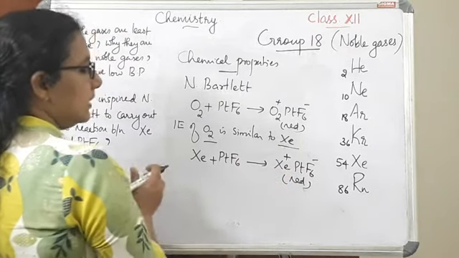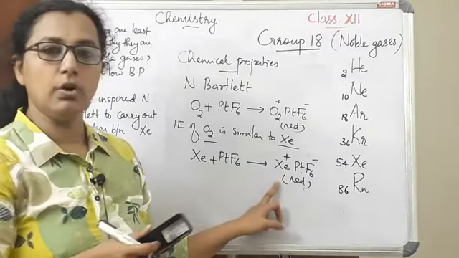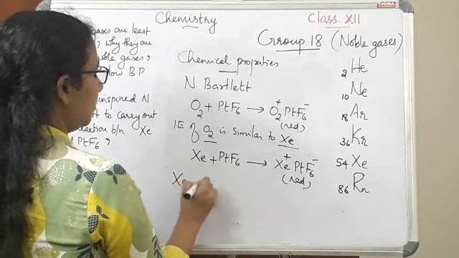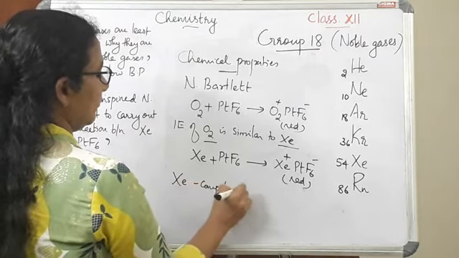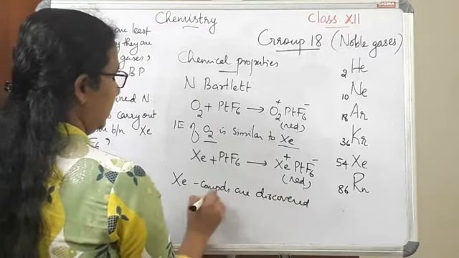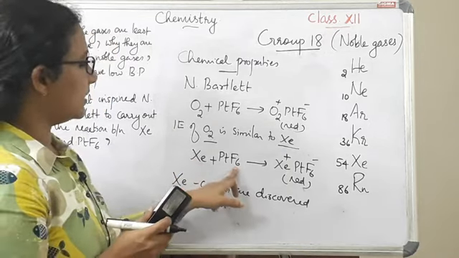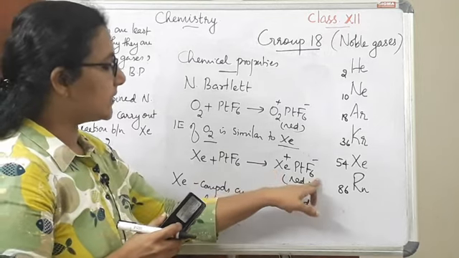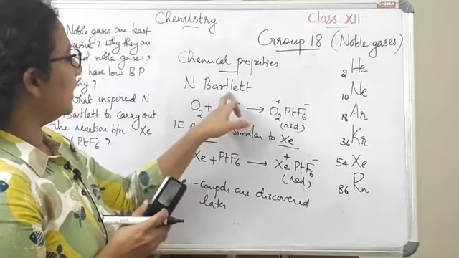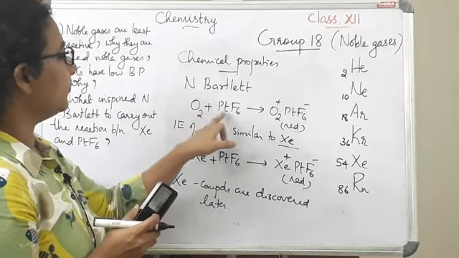With this discovery of a xenon compound, more xenon compounds were discovered in the laboratory later. So Neil Bartlett conducted an experiment at first with oxygen and PtF6.